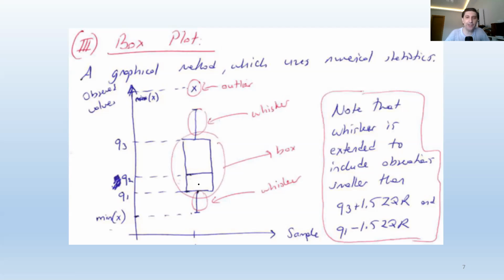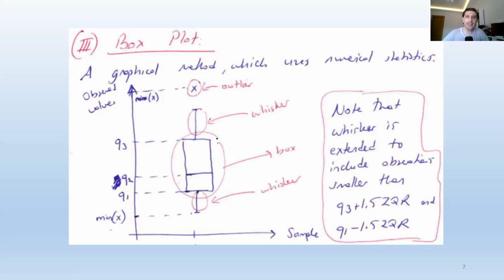Why did I say kind of? There's a small computation here that you need to consider, and that's the only tricky part about the box plot. We are going to elongate these whiskers not necessarily until the minimum and maximum values. There's a condition. These whiskers are extended to include observations smaller than this formula.